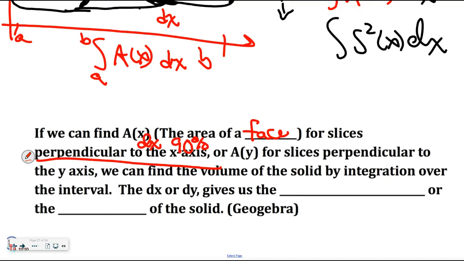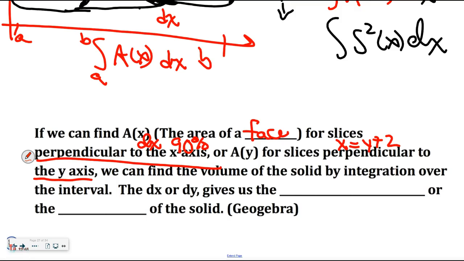But sometimes they'll say perpendicular to the y-axis, and you might ask yourself, how do I know which is which? Like Luke said, if it's perpendicular to the y-axis, your functions will be given as functions of y, not x. So you'll spot them just like you did on your assignment. We can find the volume of the whole solid by integrating across the interval.